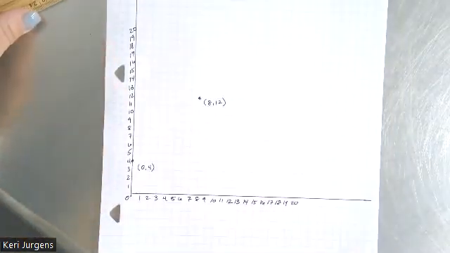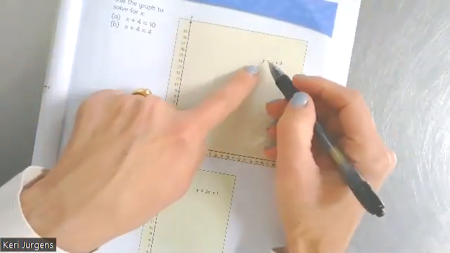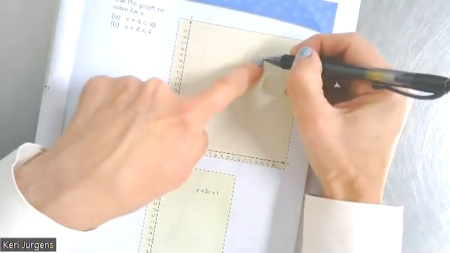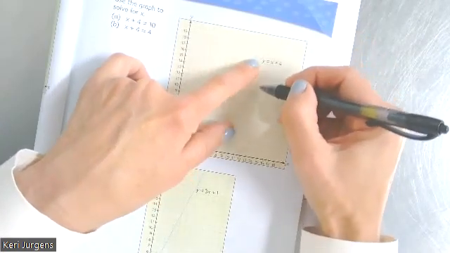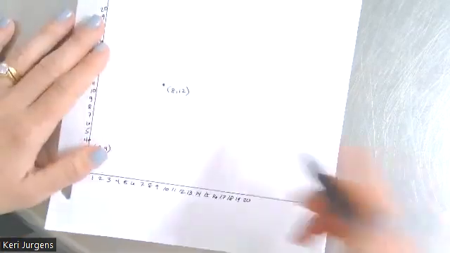All right, and let's do one more a little bit higher up. So let's see. Looks like I've got a point here where x equals 13 and y equals 17. Let's put a point there.